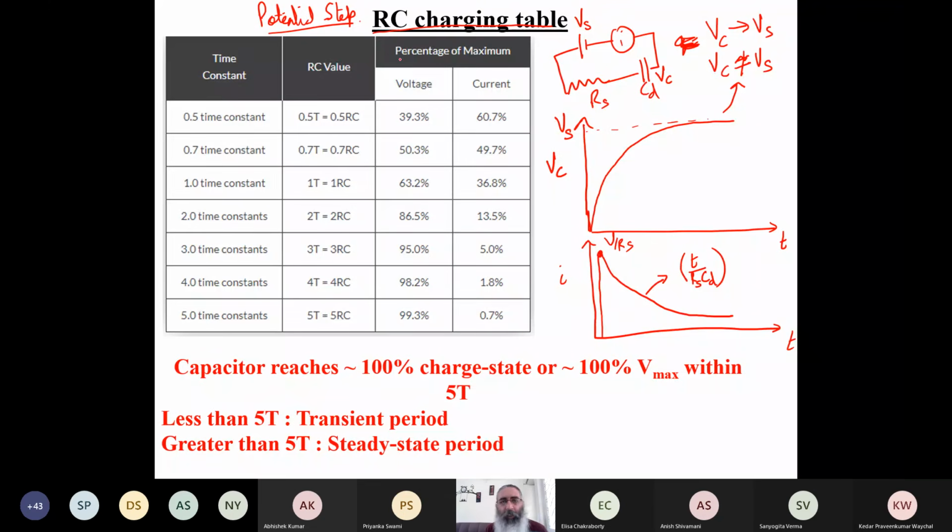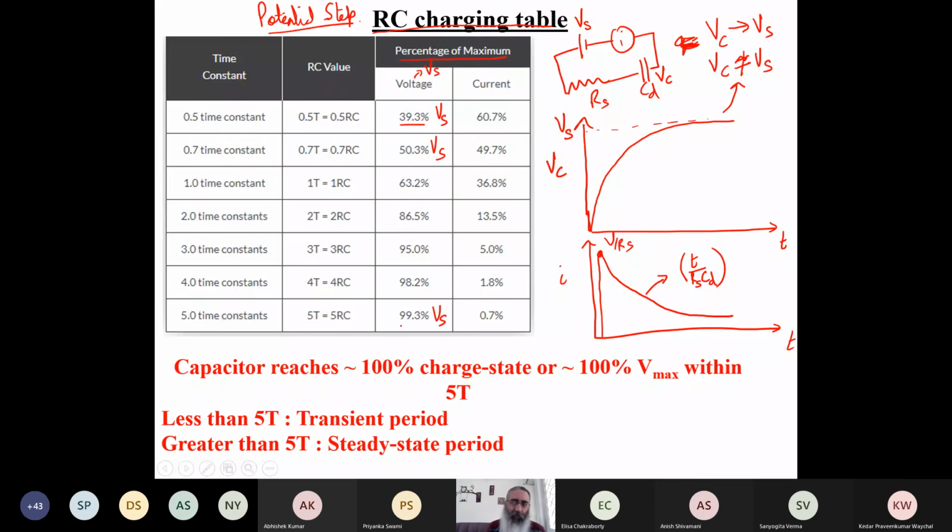The maximum for the capacitor in terms of voltage is the voltage of the source. So what percentage of the source voltage is there at 0.5 time constant? If you do the math you will get it to be 39.3% of Vs. Then 0.7 gives you 50.3% of Vs. Similarly, at 5 time constants, it is 99.3% of Vs.